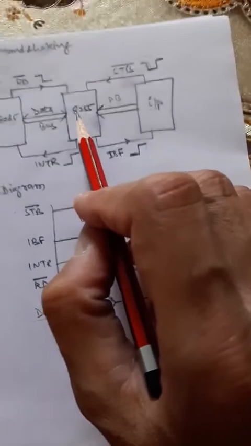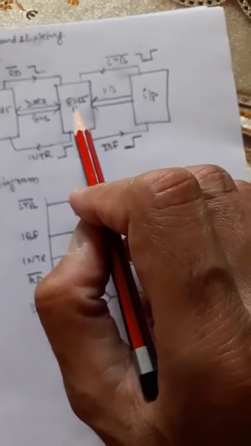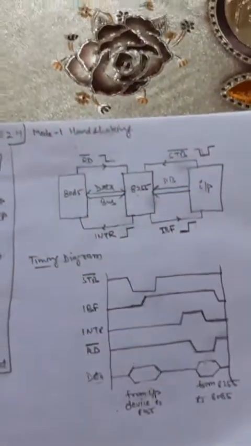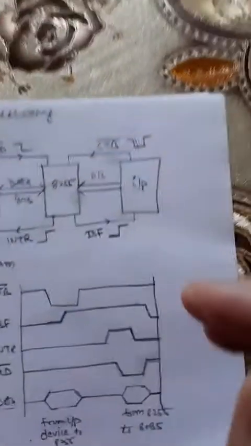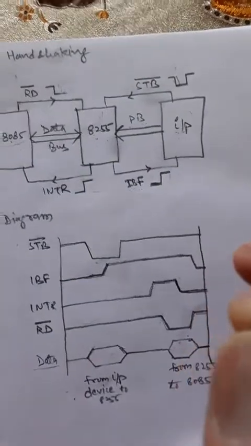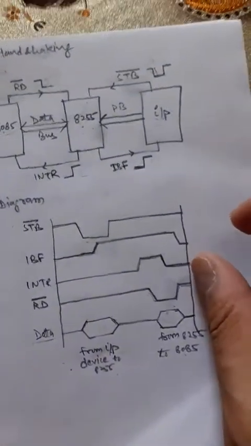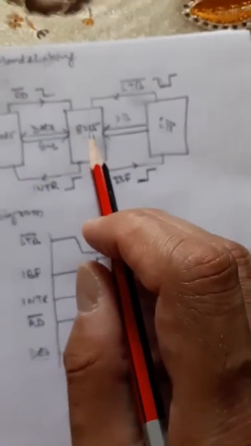Now when the data comes to 8255, it will be stored in one of the temporary registers, called the input buffer register. This input buffer register is not available to the programmer; it is inside the 8255.